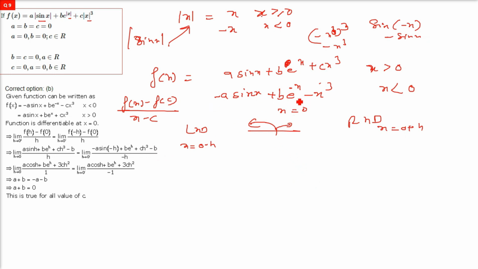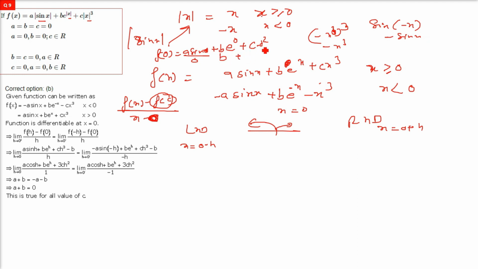Since we are on the derivative, we can apply the L'Hospital rule. Remember, L'Hospital rule is differentiating numerator and denominator together in order to solve the question. What is f(0)? When you apply 0 in the x greater than or equal to 0 function which we just found, you get a sin 0 plus b e raised to the power 0 plus c into 0 square. So a sin 0 is 0, only b will remain, and c into 0 is 0.